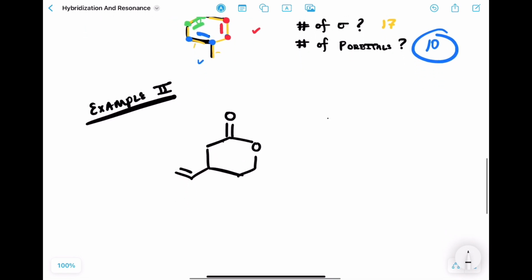Okay. And if we were to ask the same questions, number of pi, number of sigma, number of p orbitals, so there we have, draw the lone pairs in.